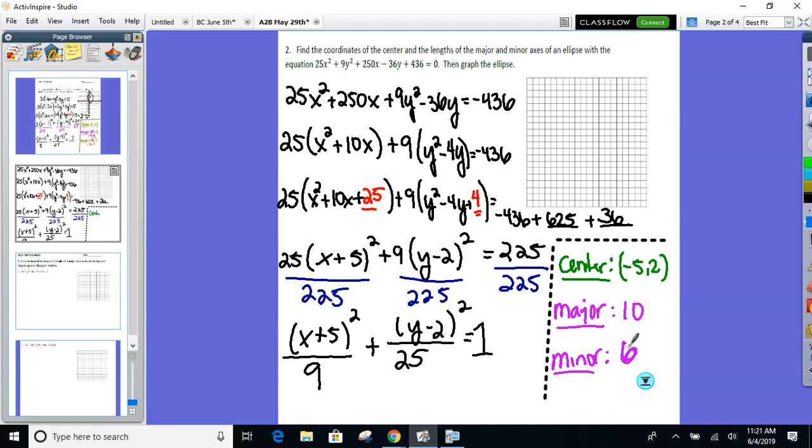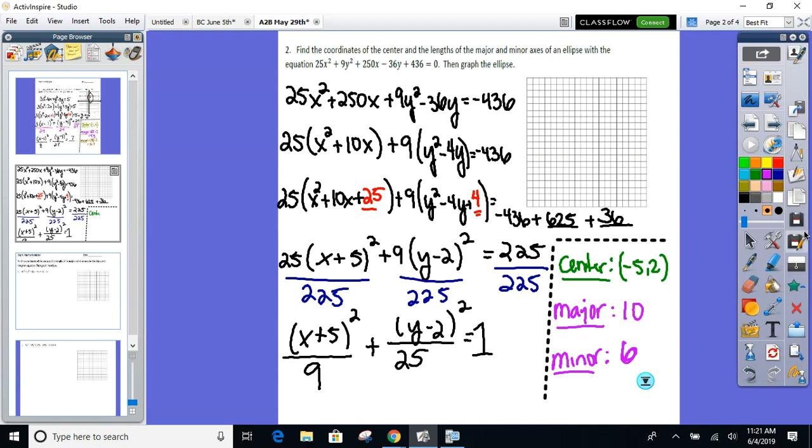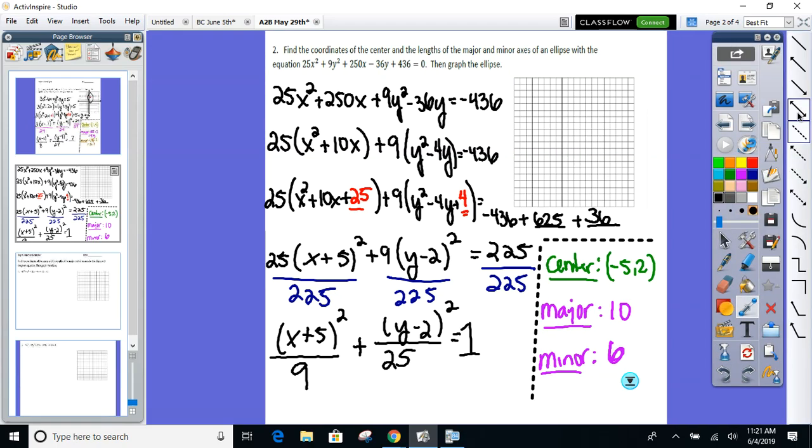Go ahead and graph it. I'm not going to let you know if it should be vertical or horizontal. You can figure that out from the equation.